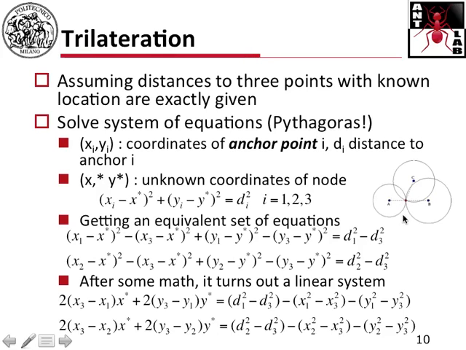Okay? So what you want to enforce is that the distances between this red point here and all the three blue points are equal to the measured distance, which is spit out by the module which extracts the distances from any kind of measure in the signal received.